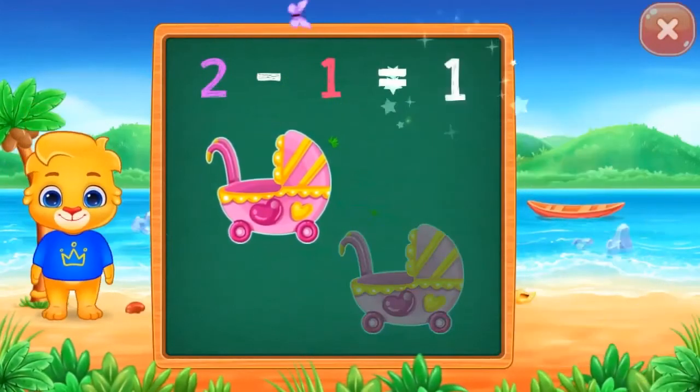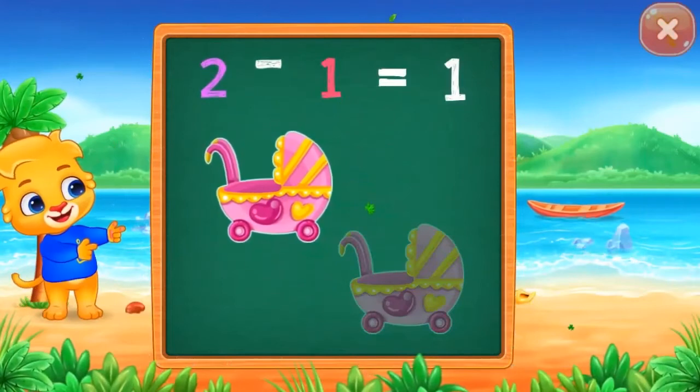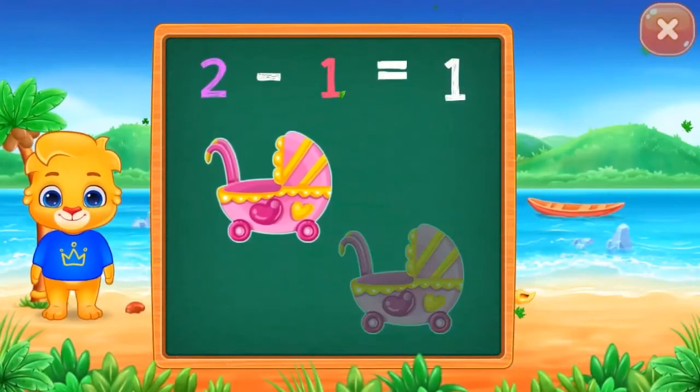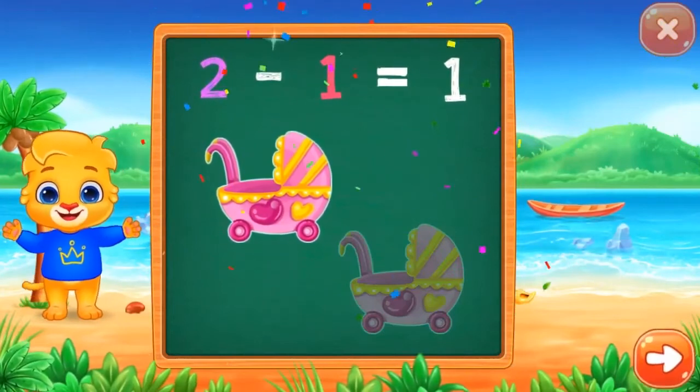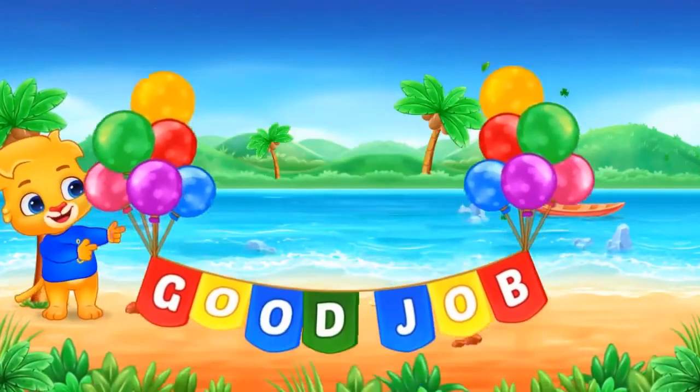One! Woohoo! 2 minus 1 equals 1! Good job!